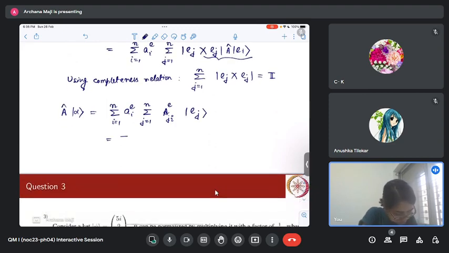So this is equal to summation over J equal to 1 to N, summation over I equal to 1 to N.